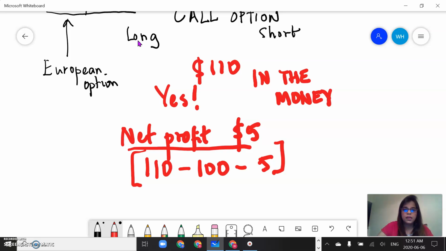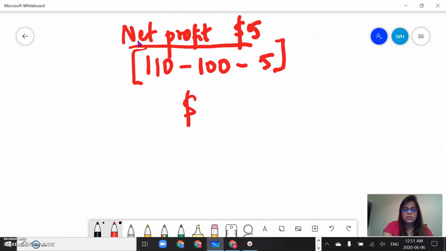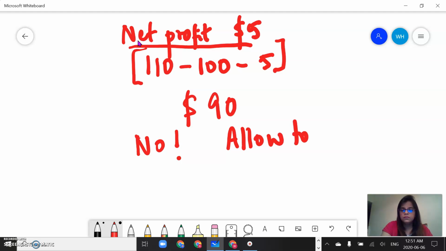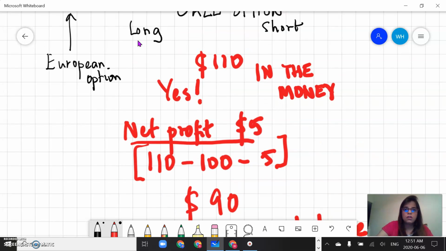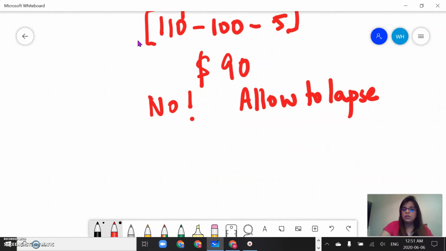What happens on the other hand when on the specific date the stock is trading at $90? Will A go ahead and exercise the option? No. At this point in time, A will allow the option to lapse, because instead of exercising the option and buying the stock at $100, A can buy the stock at $90 from the market.